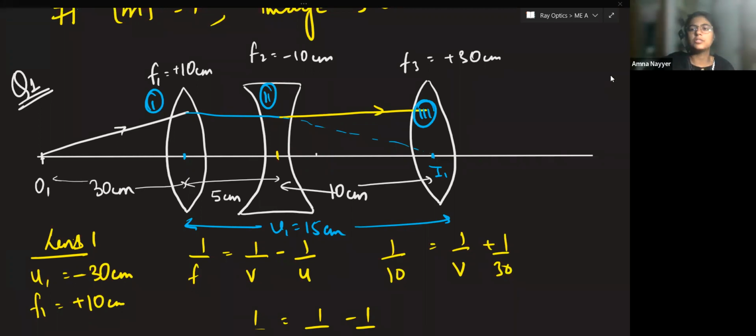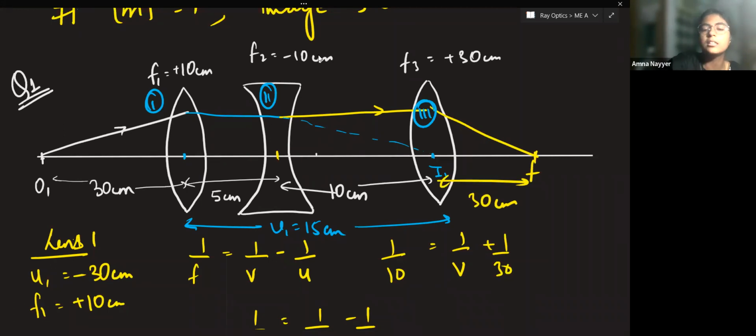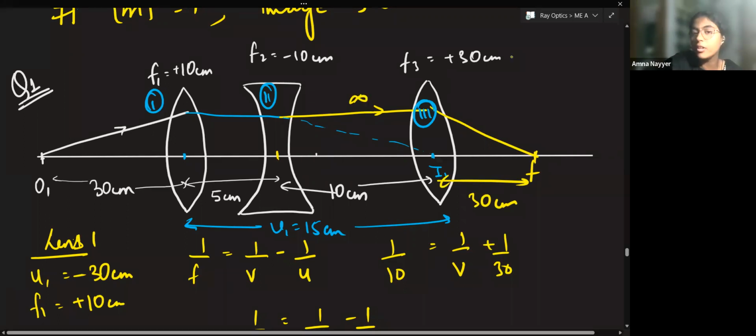Not center of curvature. Focus. Image gets formed at the focus. So it means it will be formed at the focus, and the focus is already mentioned as 30 centimeters. Understood? Rays were already coming from infinity because the image for this lens was formed at infinity. So your final image will be at the focus.